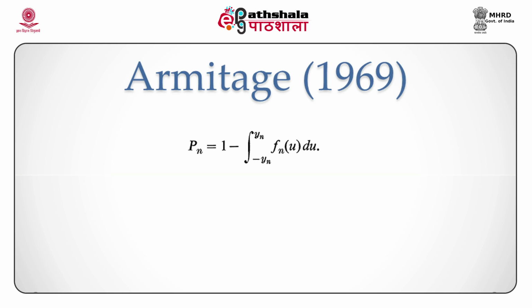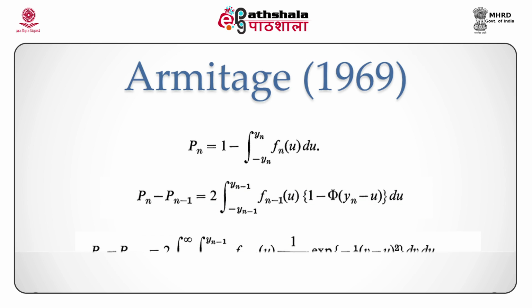Alternative formulations can be based on the differences Pn minus Pn-1. The basic method to evaluate these integrals is to evaluate them on a grid and to use numerical integration procedures such as Newton-Cotes and Simpson's 1/3 rule.